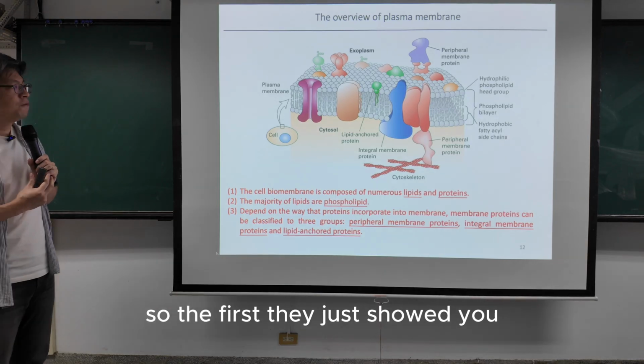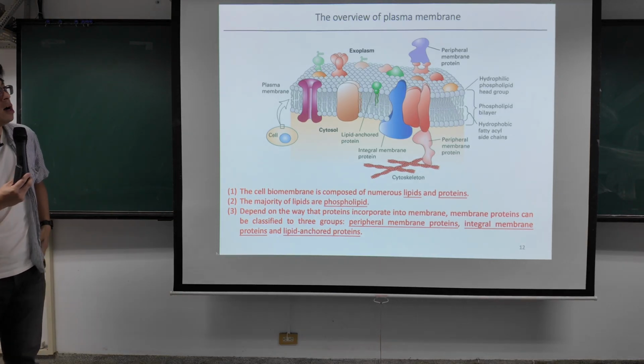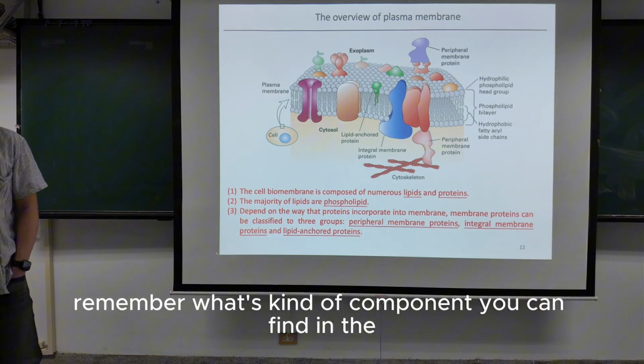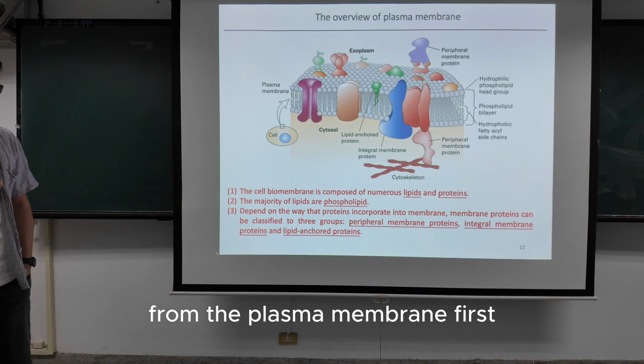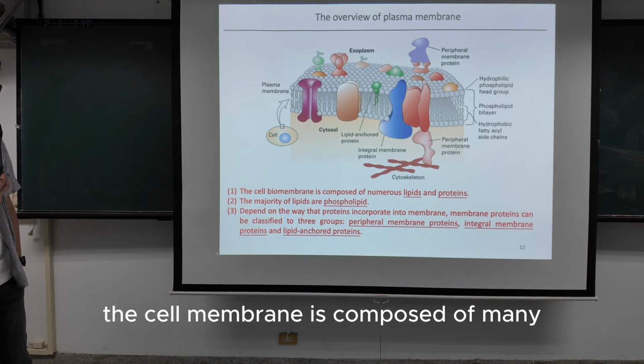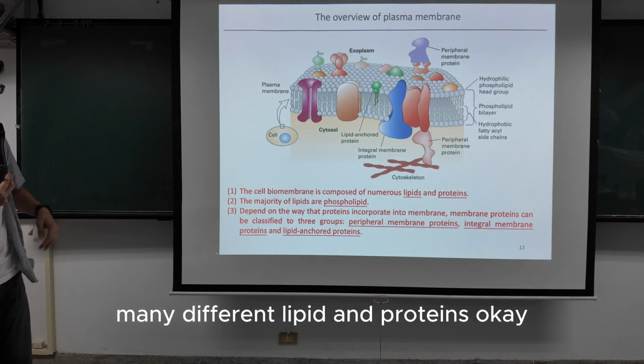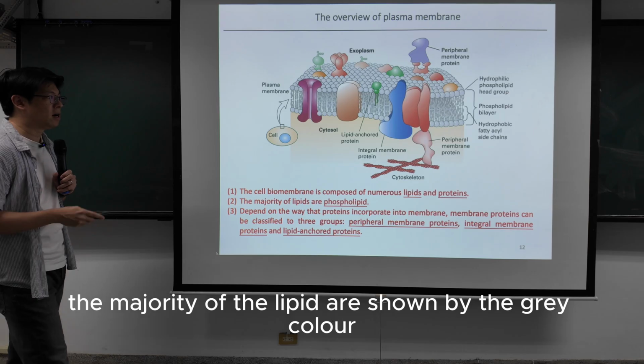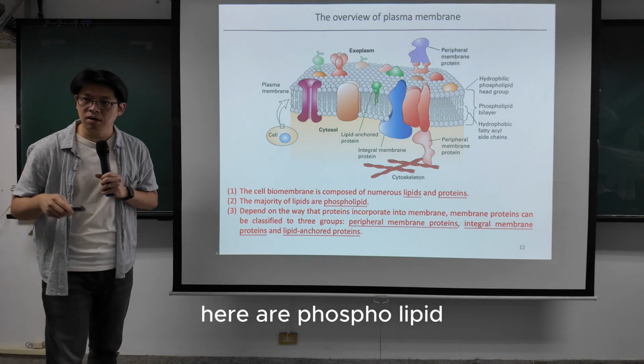Okay, so first, I will show you the overview of the plasma membrane, what kind of components you can find in the plasma membrane. First, the cell membrane is composed of many different lipids and proteins. Okay, so the majority of the lipids, shown by the gray color here, are phospholipids.